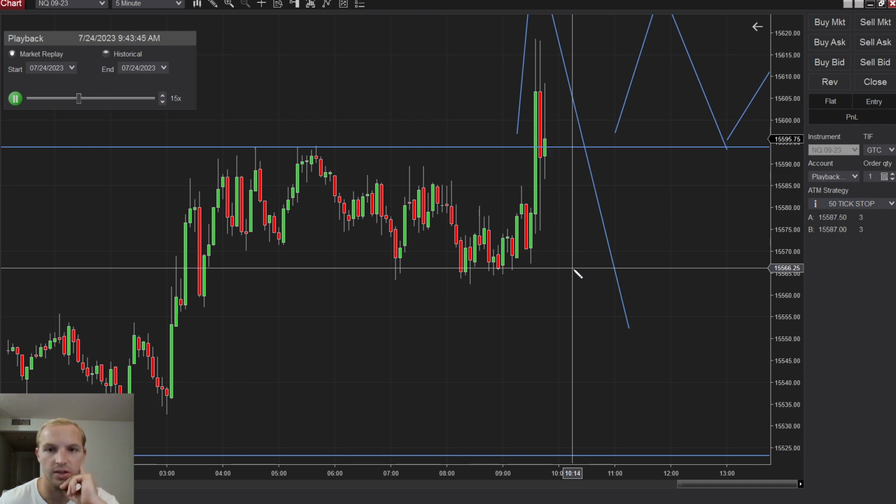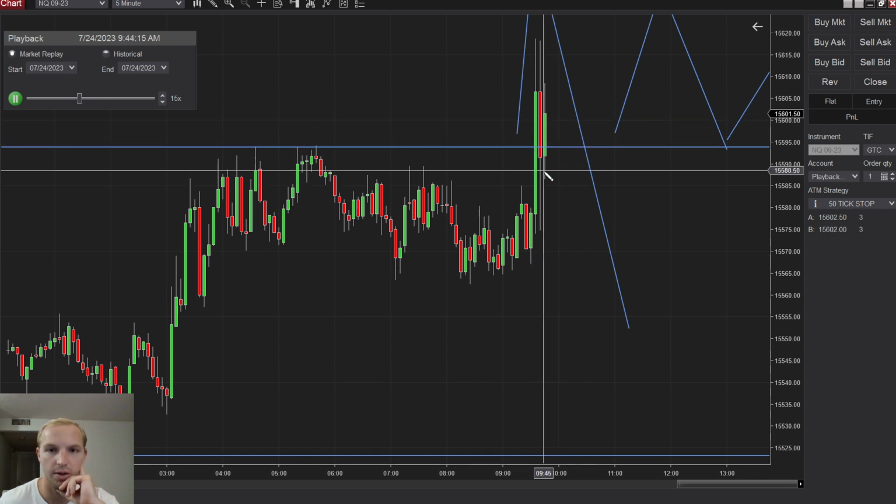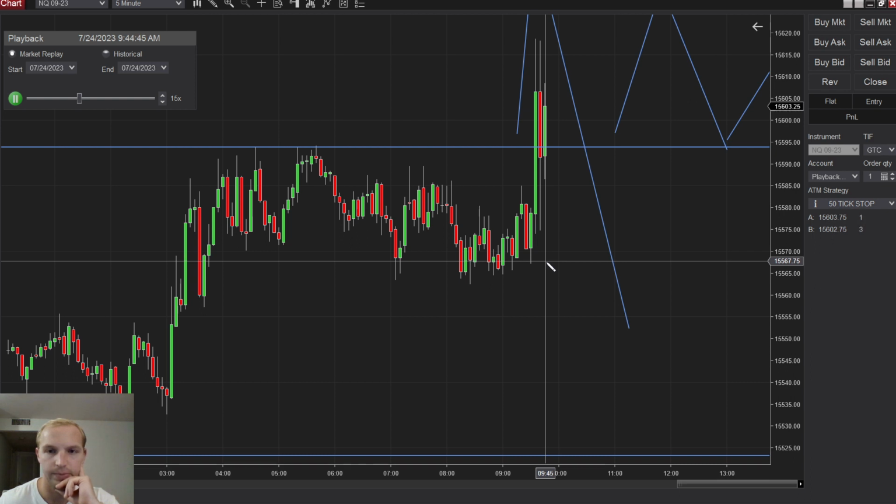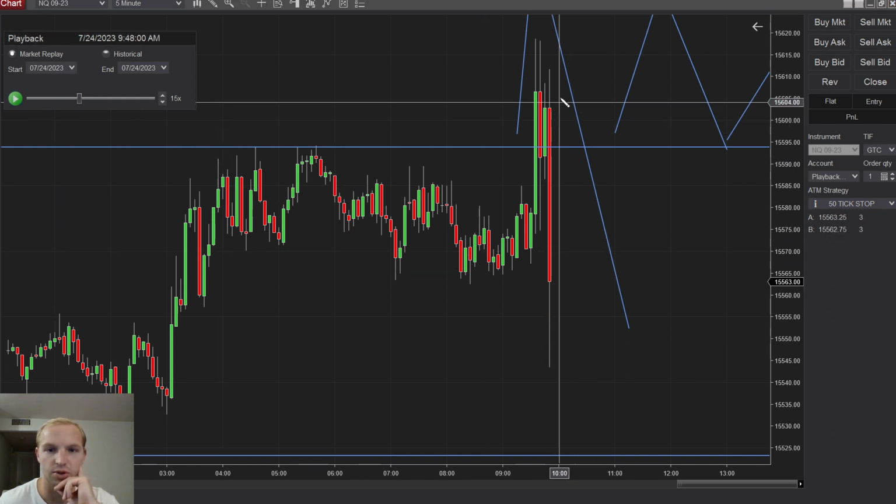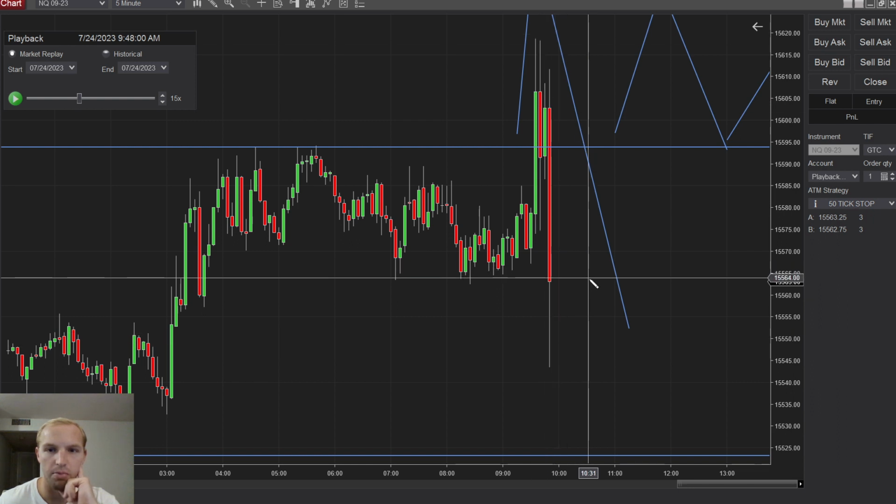Okay, it's looking to me like we are going to be failing. Oh, look at that strong displacement there. That's some strong displacement. Now we've broken back through the range.